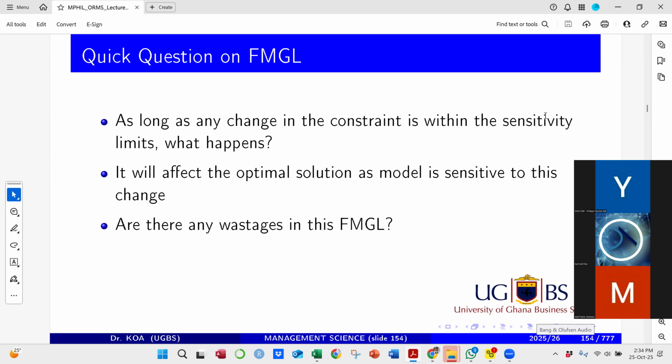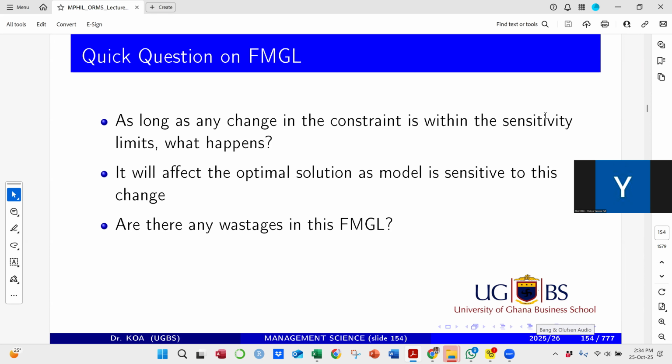Yes, efficiency. Okay, but we also said something: that the slacks are 0, or the right-hand side is equal to the left-hand side. That is the key. You can be efficient and still have slacks. So it's because the slacks are 0.